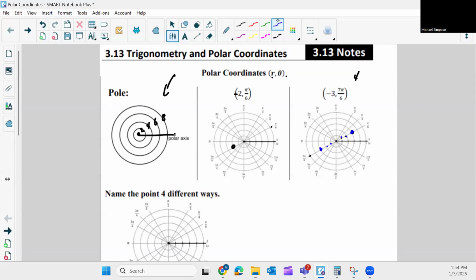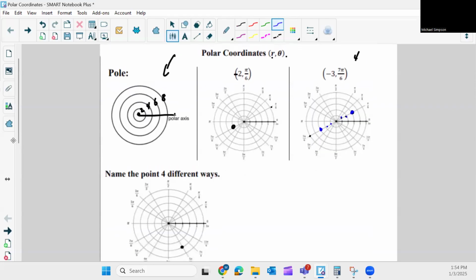There are 4 different ways you can represent a polar point. Let's go back and look at (2, pi/6). We agreed that point was right here at 1, 2. Now, if I ask you to plot the point (negative 2, 7pi/6), where would that point be?